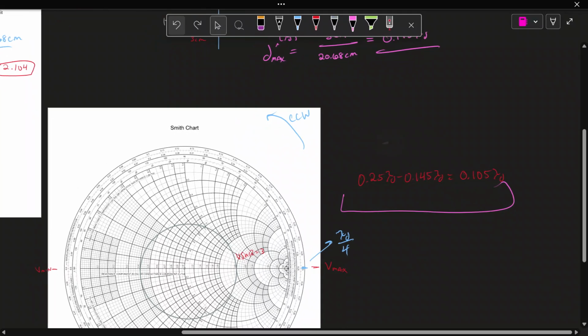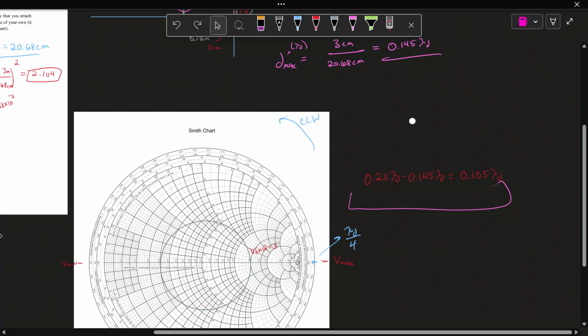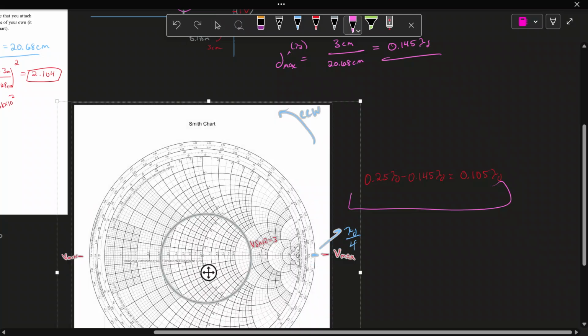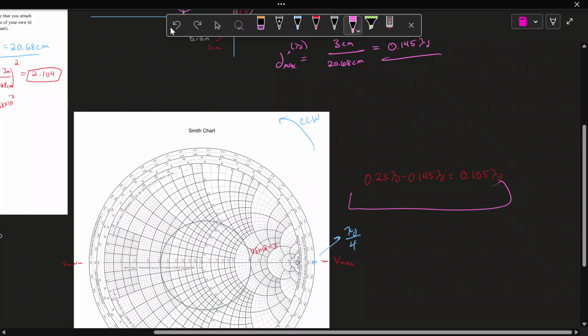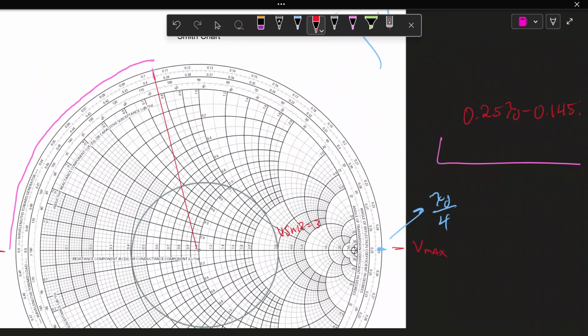Or you could do 0.25 minus 0.145, which makes it a little easier for yourself because now you can start at this point. And now 0.105 is going to be here. So past 0.1, it's going to be about here. Okay, so now we just make a line to the center here. We put the center there. It's a little off, but it is what it is.